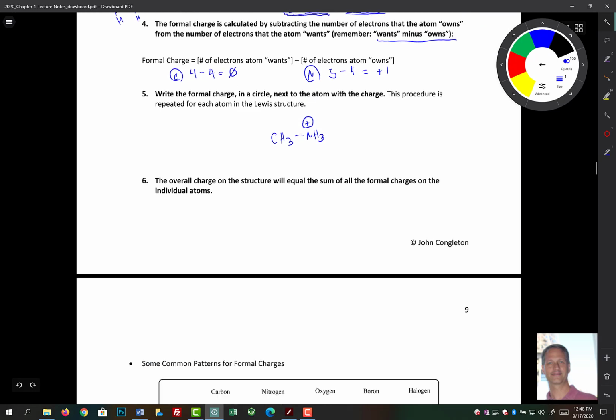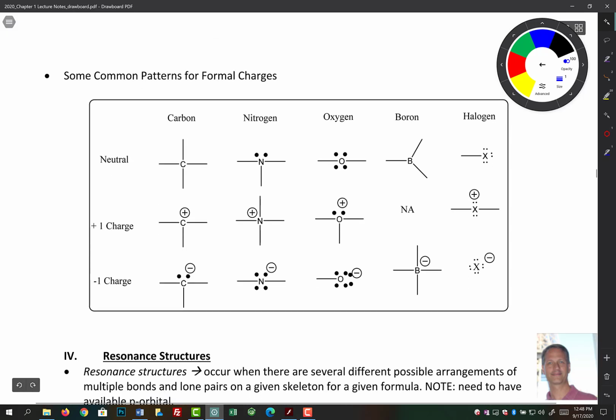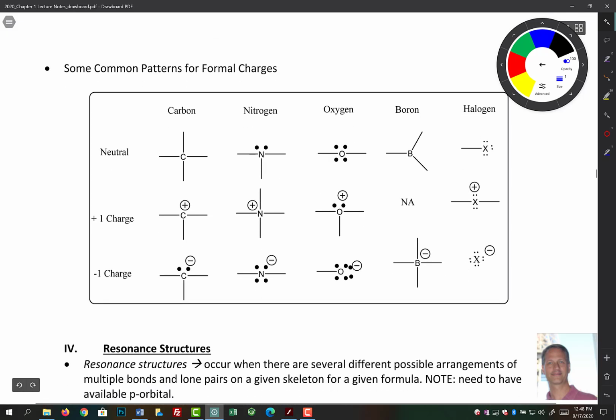When you look at the pattern, I wouldn't spend time trying to memorize this, but this is pretty much it. We're going to see carbon, of course, lots, nitrogen, and oxygen. Those are the three most common. And then boron to a little degree, and the halogens show up, but those should be pretty straightforward.